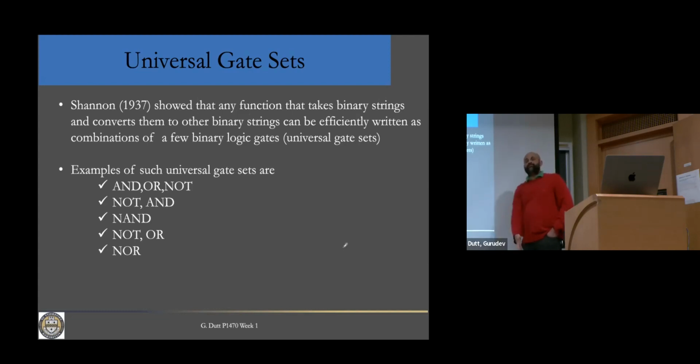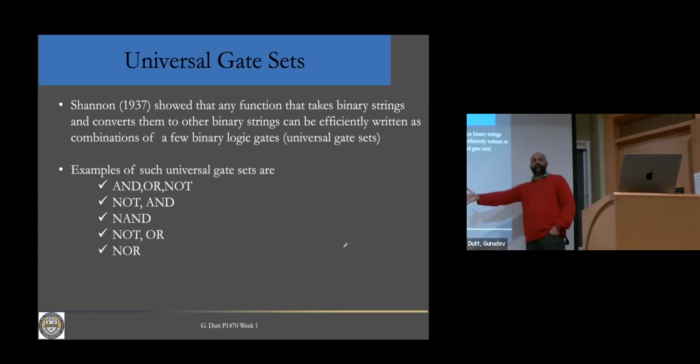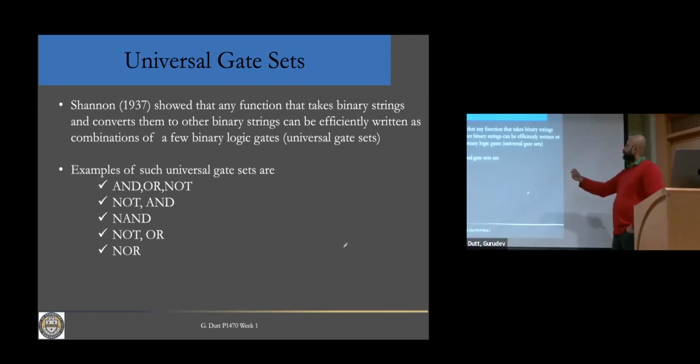It takes a bunch of input binary strings, does some processing, and outputs another bunch of binary strings. And what he showed was any such operation can be efficiently written as a combination of a few sets of binary logic gates. So these are called the universal gate sets.